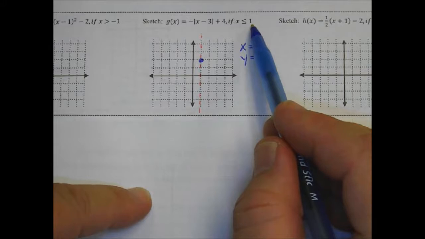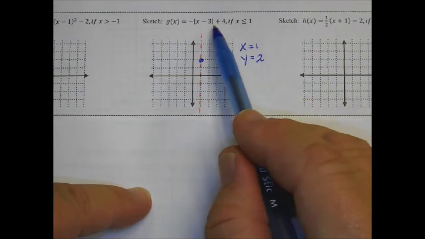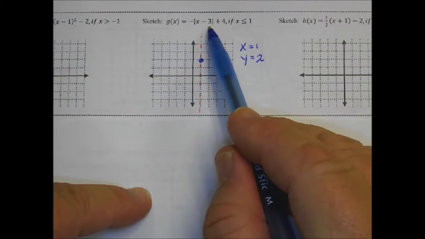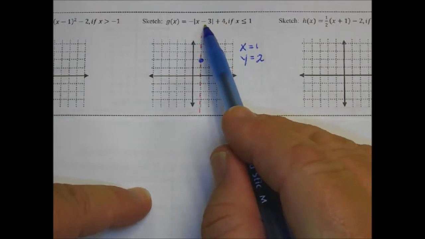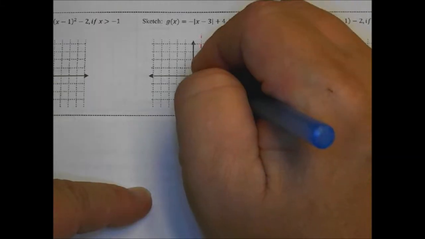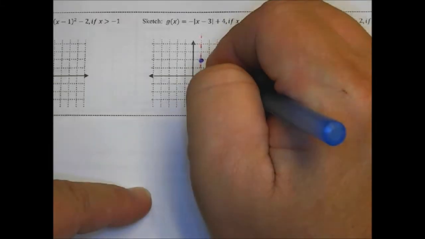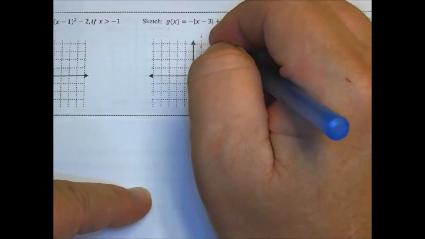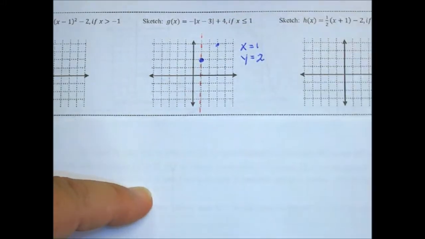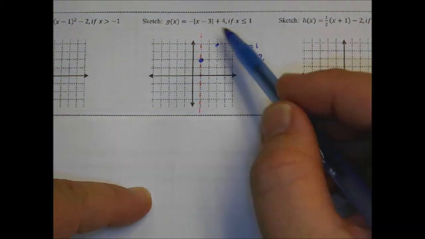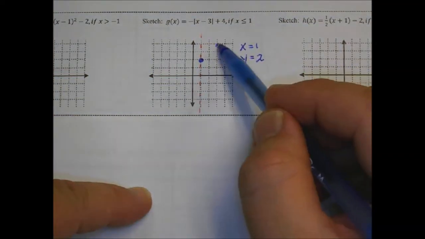Now let's go to the actual graph itself. We know this is a downward v with a vertex at positive 3, positive 4. So if you thought of what the entire graph would do, the entire graph would go like that.